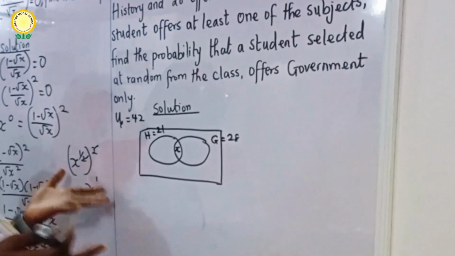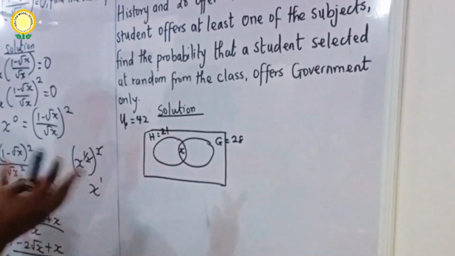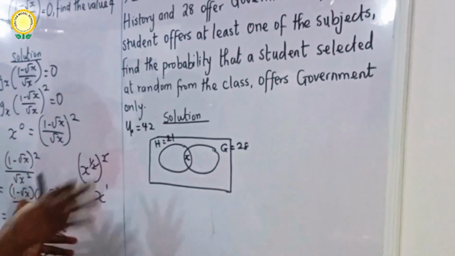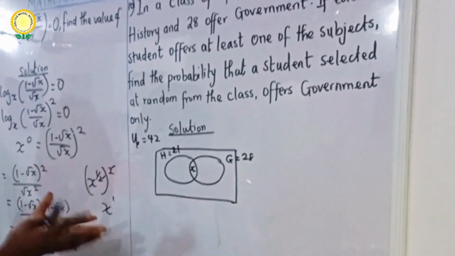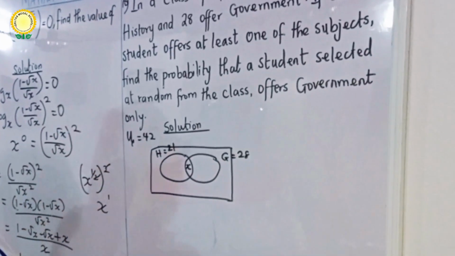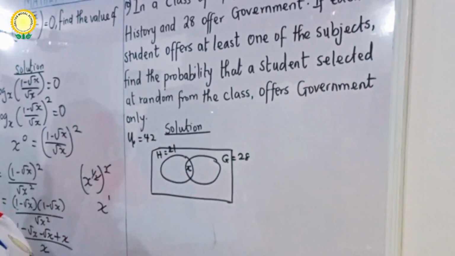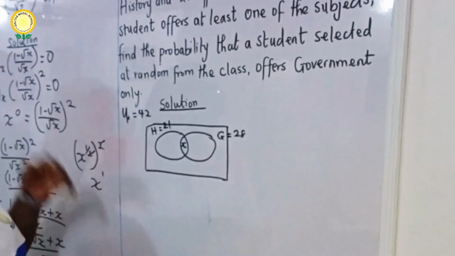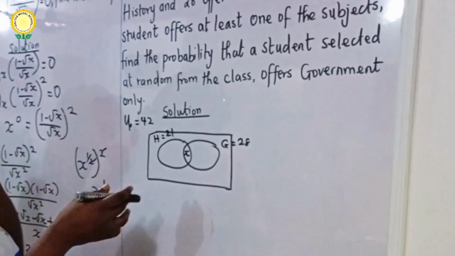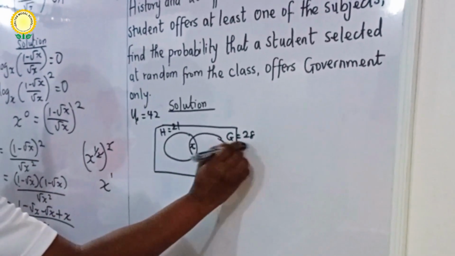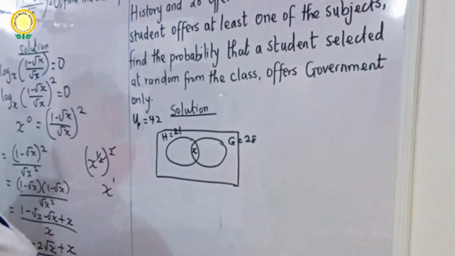Okay, so let's just say we don't know the number because at times the solution might be more complex than this. So when you have a more complex question, what do you do? What is the probability that a student selected at random offers just government alone? Just government alone.